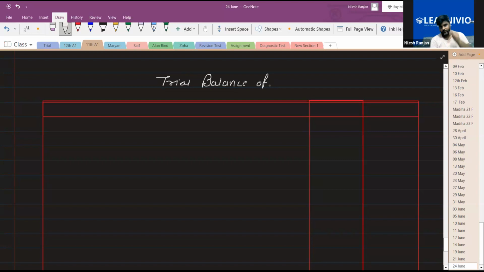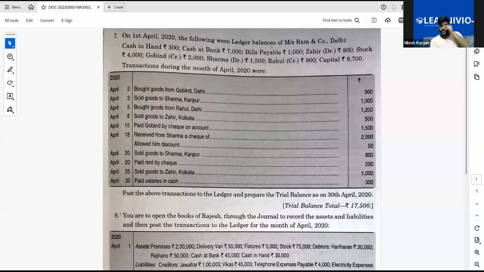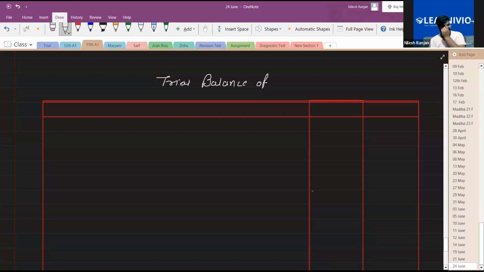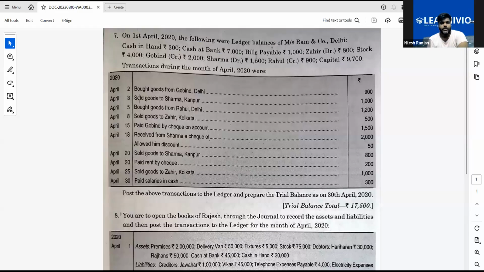The person names in the transaction are Messrs. Ram and Kapil. So trial balance of Messrs. Ram and Company, Delhi, as on 30th April 2000.